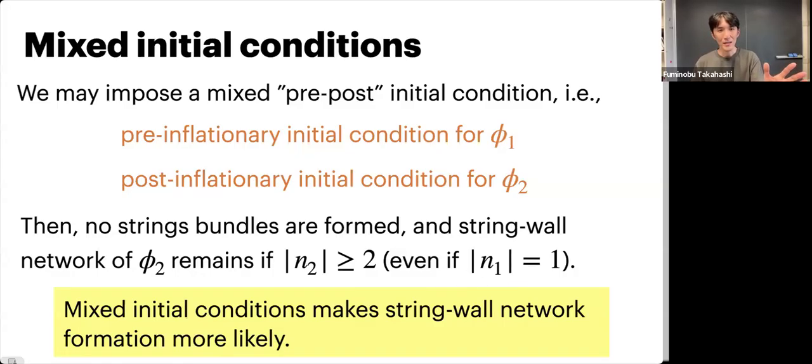If we assume post-inflationary scenarios for both PQ scalars, the string bundles are formed in this case, and there's no cosmological domain wall problem. But if we switch one of the initial conditions from post- to pre-inflationary, then we are left with domain walls. So if you switch the initial condition like this, the domain walls are more likely to remain. So that is one example of mixed initial conditions.